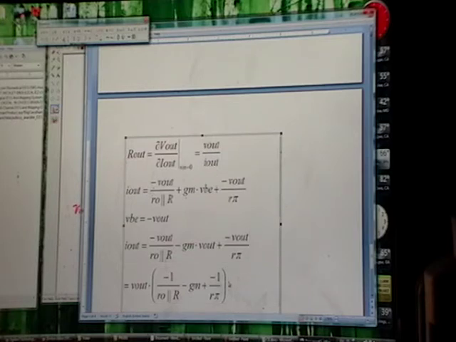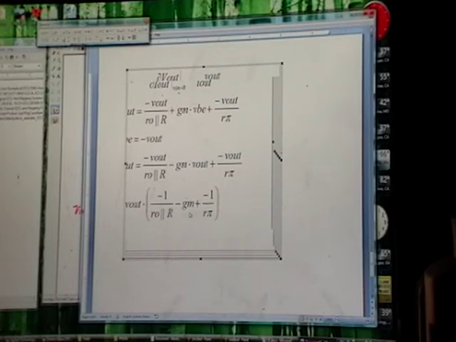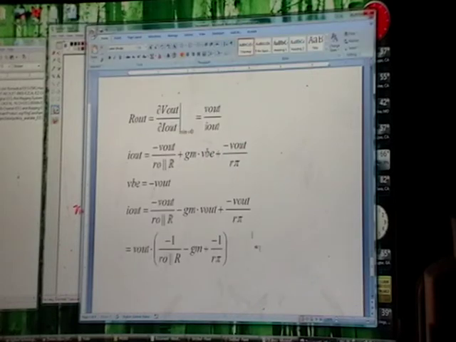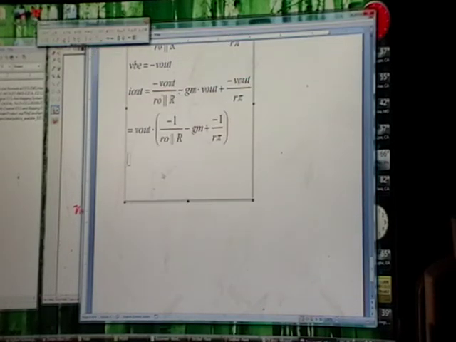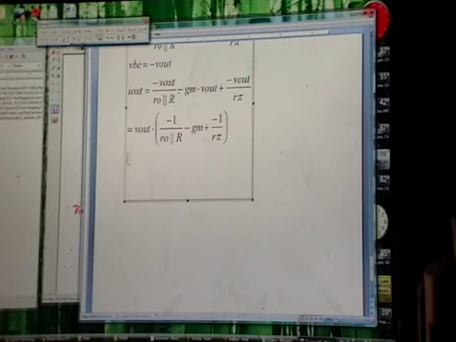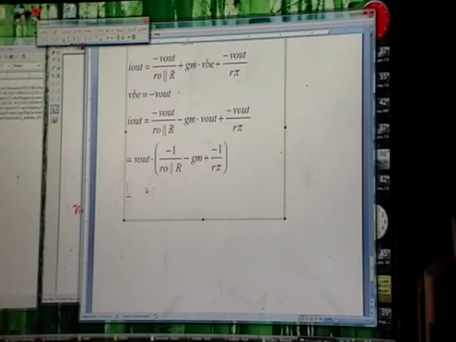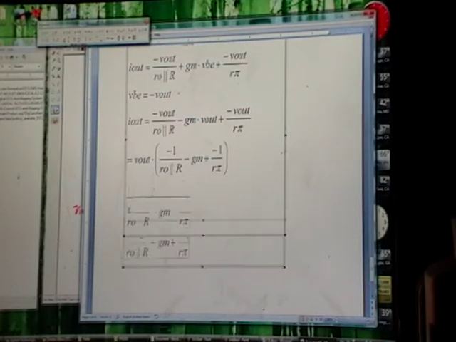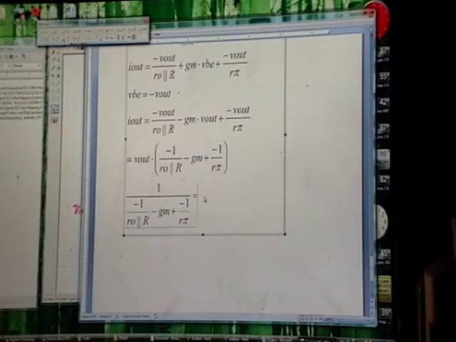So if you divide both sides by this messy thing right here, and then divide both sides by I out, we get a sign issue, but on one side you get 1 over this whole thing, and that equals your V out over I out. Okay, let me go back and see where my sign issue is.